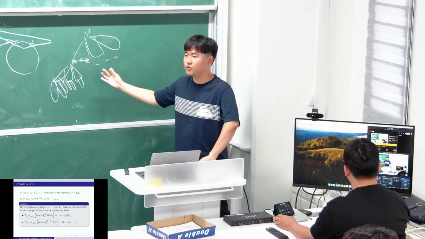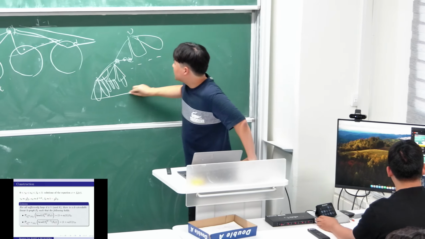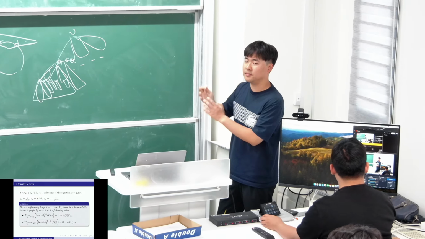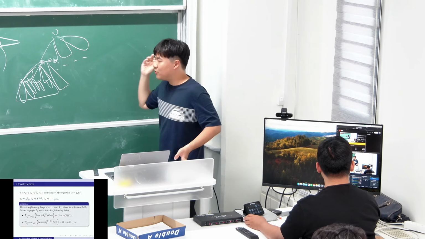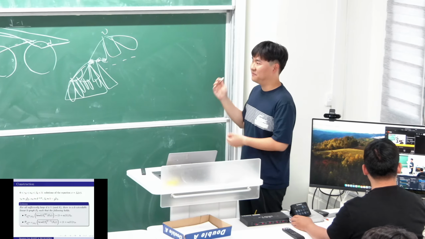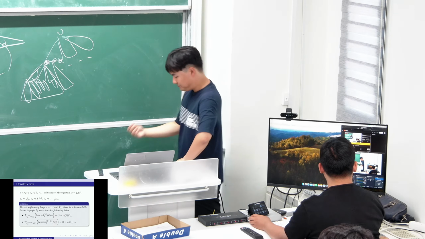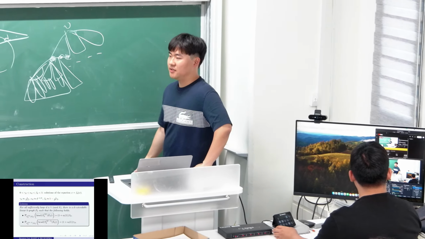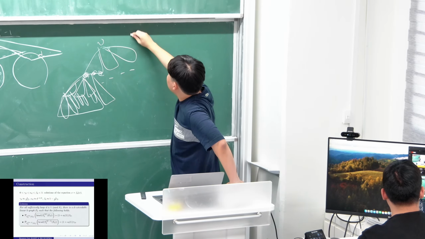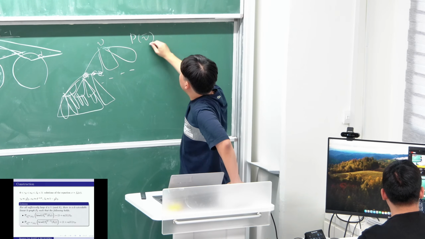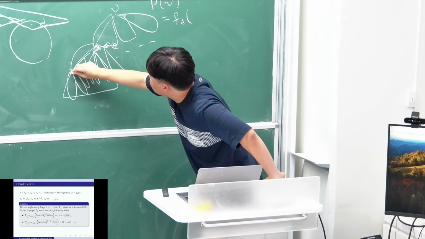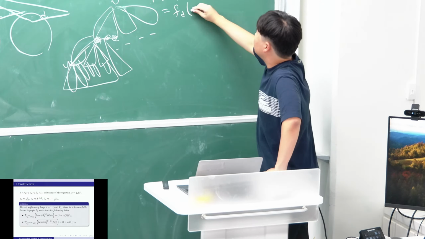Also, these subtrees are isomorphic to each other because of the definition of the construction, so again we may assume that these values are all the same. So we can apply the heuristic calculation. It means that if we do it again, the probability for V is exactly the same as f_D, where two times later this value is just f_D applied to u.